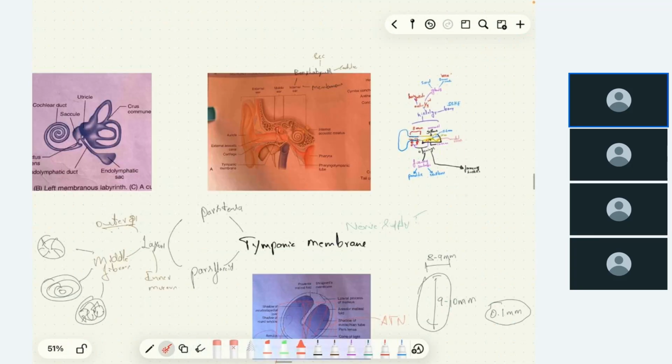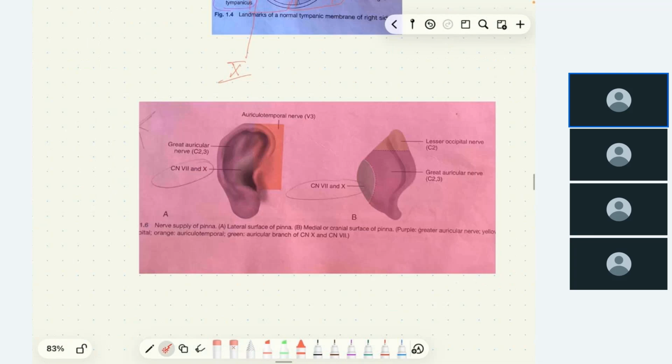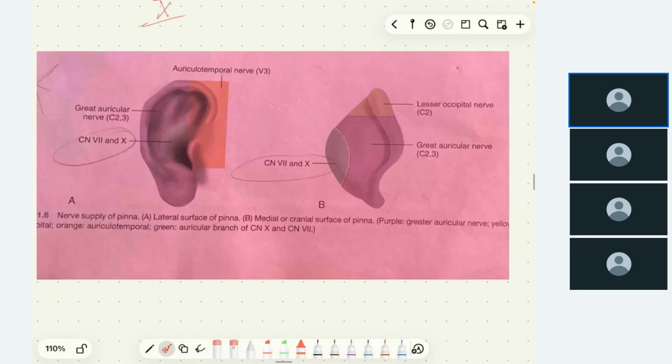Coming to the nerve supply of the pinna, a very important question. The anterior part of the pinna is supplied by the auriculotemporal nerve. Matching with this, the anterior half of the lateral surface of the tympanic membrane is also supplied by the auriculotemporal nerve. The posterior two-thirds of the pinna is supplied by the greater auricular nerve, C2, C3.